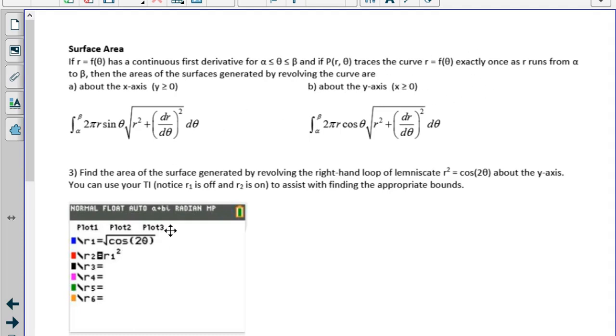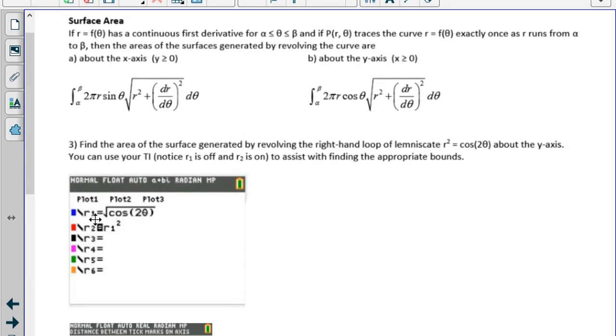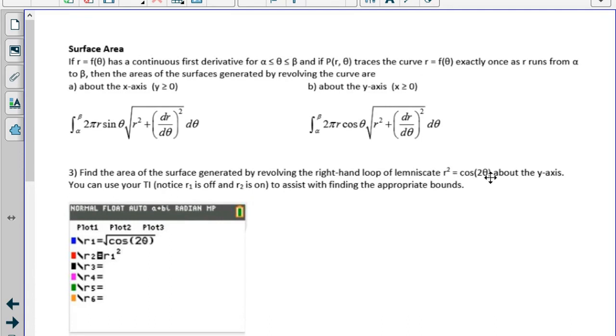One other thing about this is if you're doing this on the calculator, what you're going to notice is that r1 equals square root of cosine of 2 theta, and then r2 equals r1 squared. That's because we have this function where r squared equals something. So the calculator won't be able to handle anything where cosine of 2 theta ends up being negative.